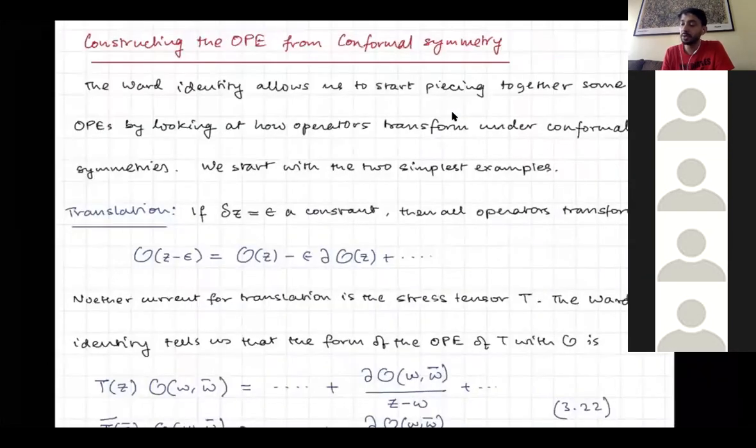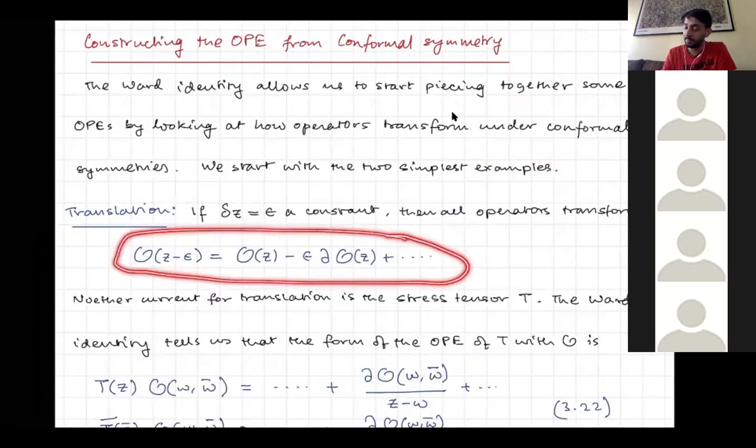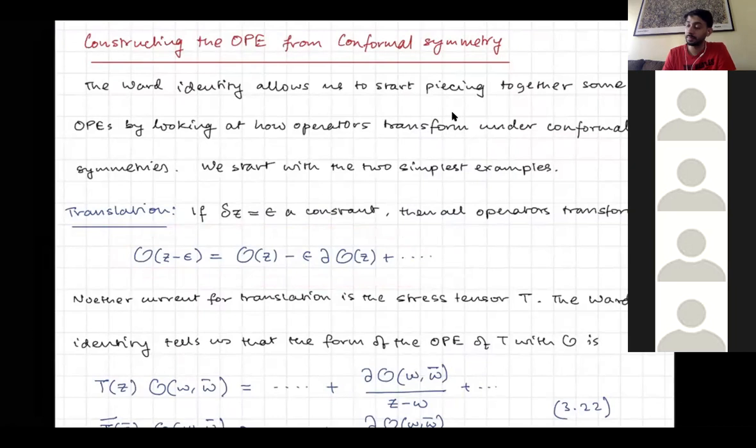And then what we tried to do after that is understand how you can actually construct the OPE from the symmetries itself. So for example, we looked at translations, and for that the very simple thing is when delta z is just epsilon, which is constant.